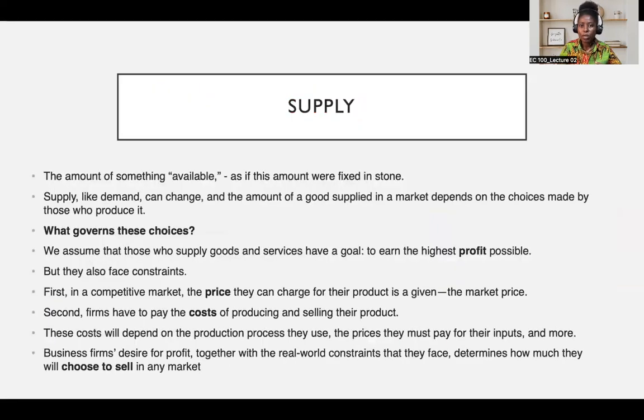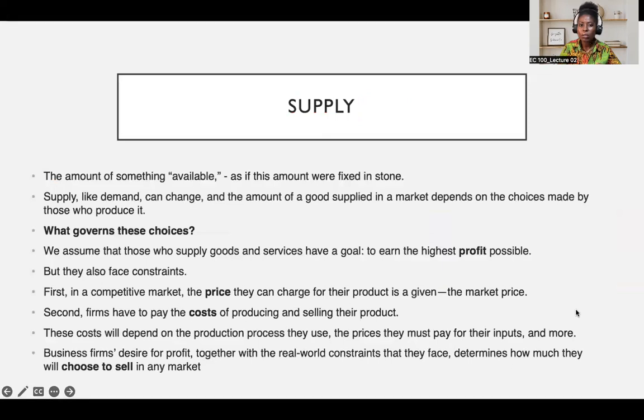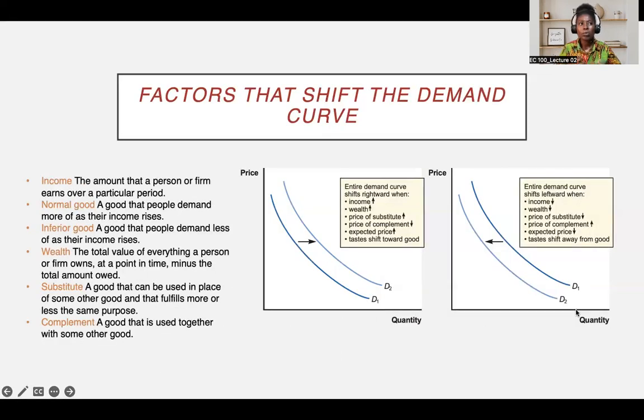All right, so let's look at the supply side. Demand was all about consumers and how price affects their decisions. As buyers, you want something, you really need something.